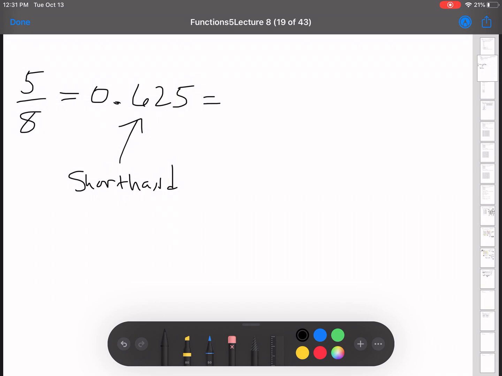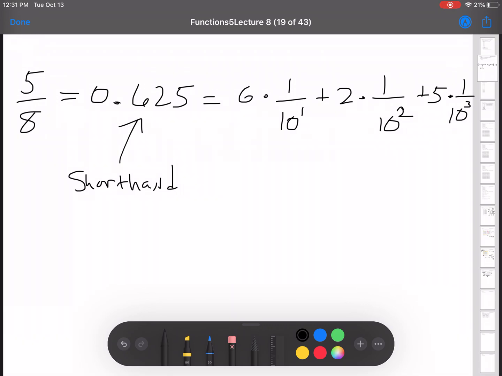What this means is 6 times 1 over 10 to the 1, plus 2 times 1 over 10 squared, plus 5 times 1 over 10 cubed.